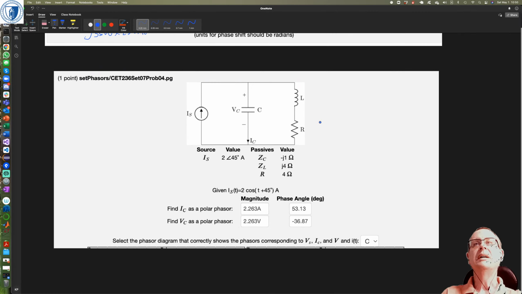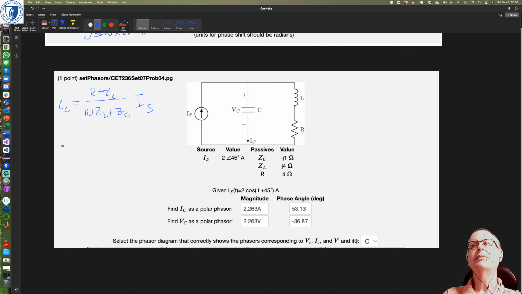So IC is equal to the impedance in the other branch, R plus ZL, on R plus ZL plus ZC, times IS. Okay, so that's going to be R, which is, where's my R gone?